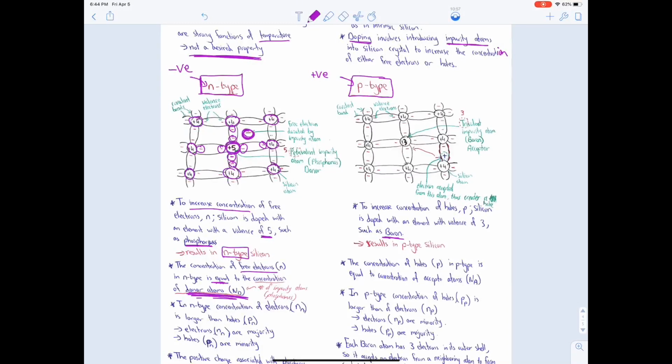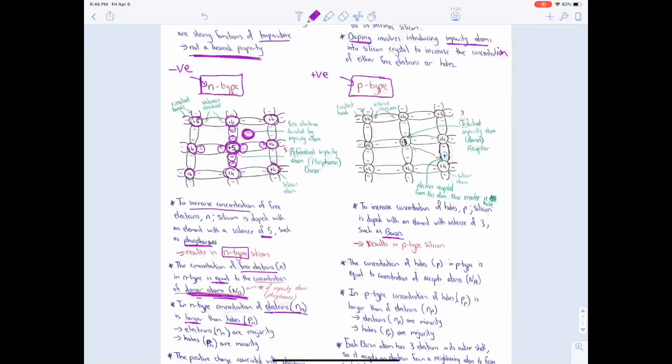Now, in N-type, the concentration of electrons is larger than holes. Why? Because phosphorus has a valence of 5. 4 are occupied. You have one that is free to move. Now, at low temperature, you have no electrons that are free to move, except the single electron from the phosphorus. Hence, the electrons are more than the holes.